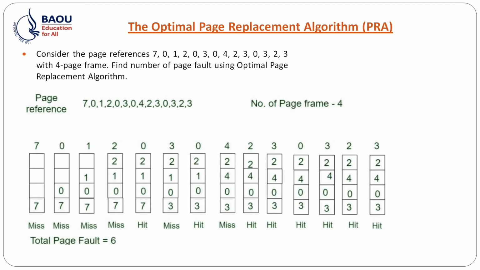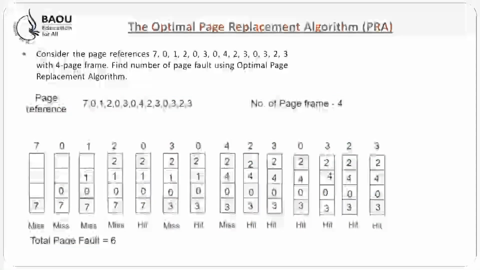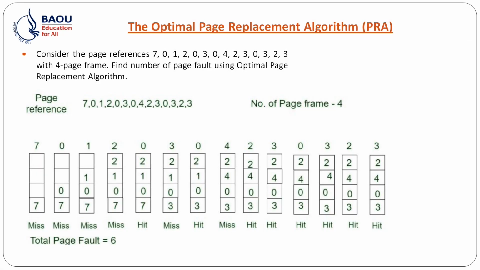When a new page comes and it is not in the memory, it causes a page fault. The optimal page replacement algorithm replaces the page that will not be used for the longest time in the future. This helps reduce the total number of page faults. In the image, pages are added until the memory is full.